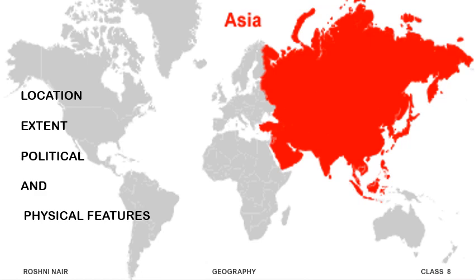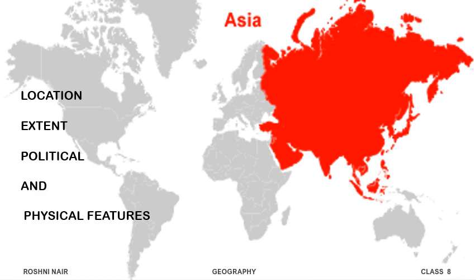We studied that Asia is the largest among the world's continents and it covers approximately 30% of the Earth's land area. It is also the world's most populous continent with roughly 60% of the total population.